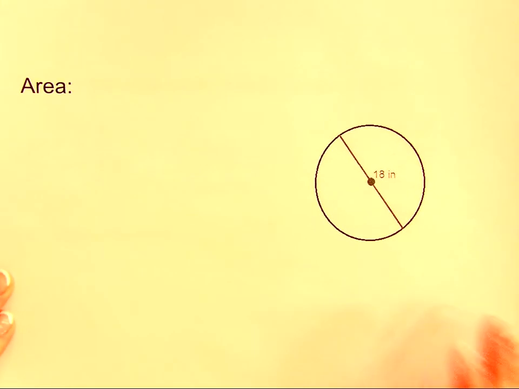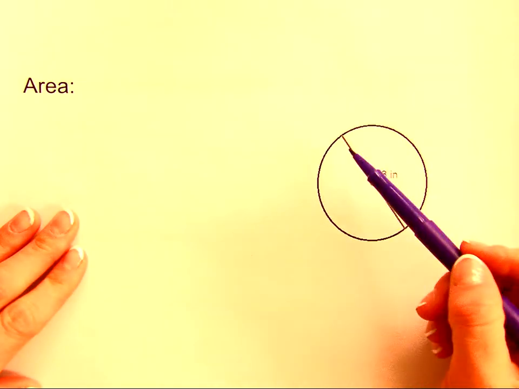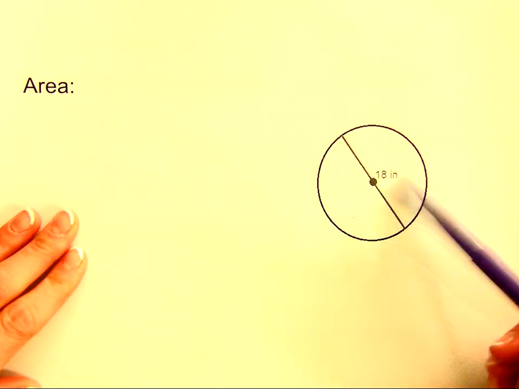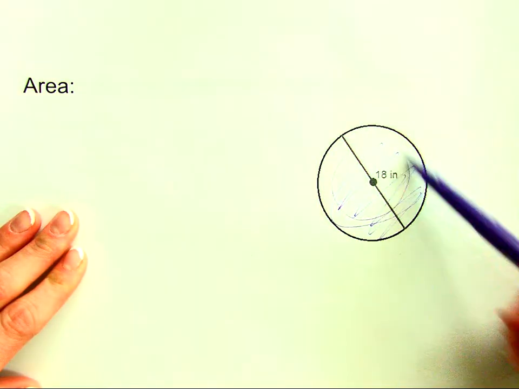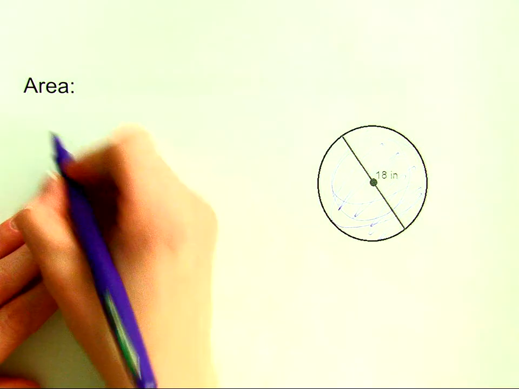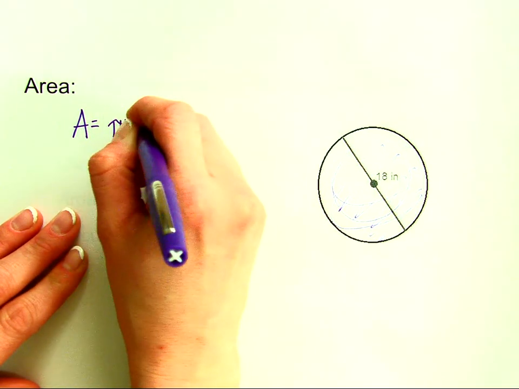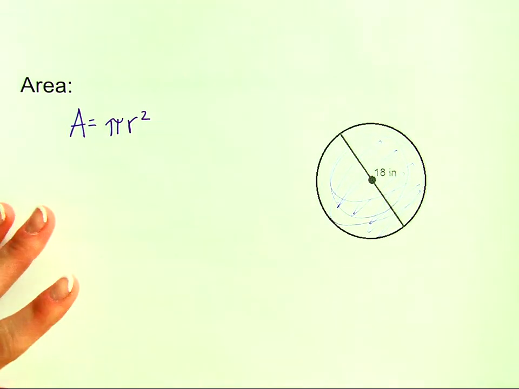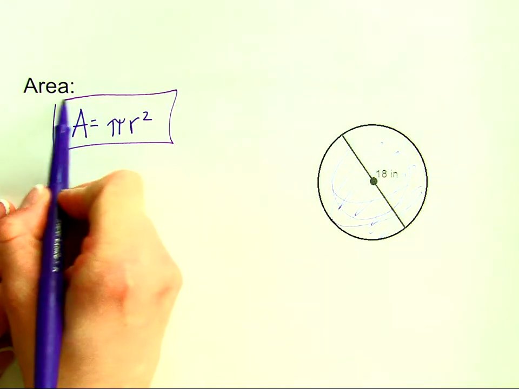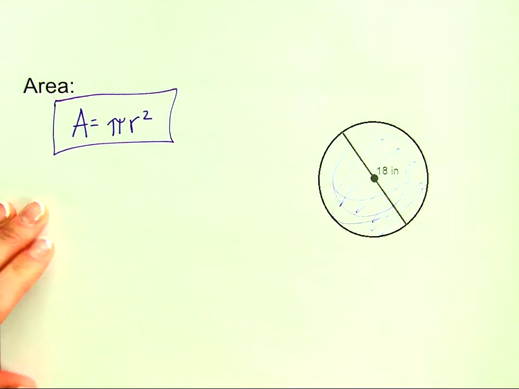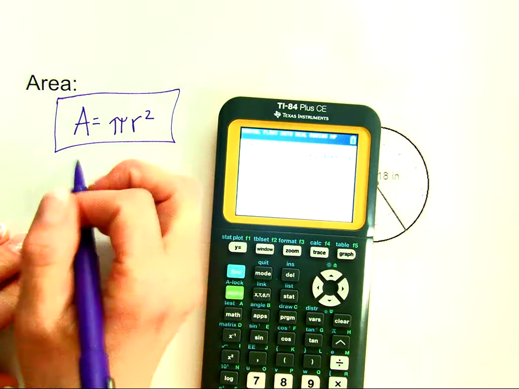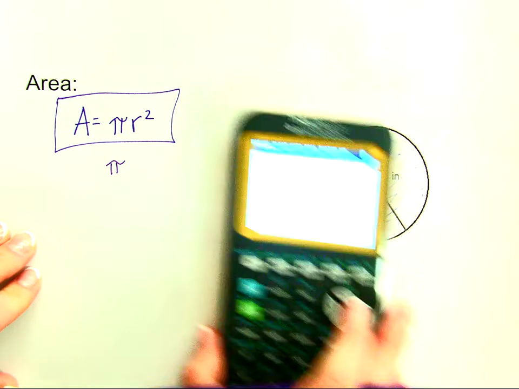And then next is area. So area is the amount of space inside a circle here. So it's all this distance inside. So area we find by doing pi times radius squared. Okay, and that's your formula for area. So to do this, again, we're going to type in pi times my radius.